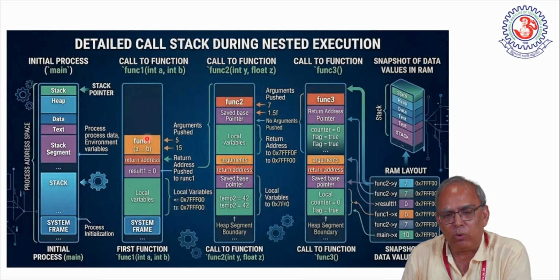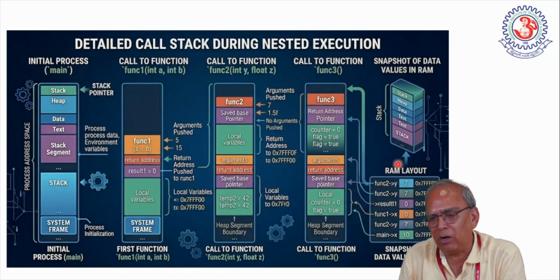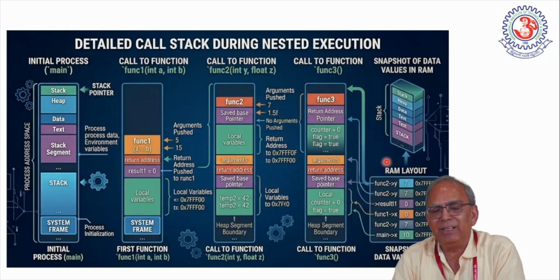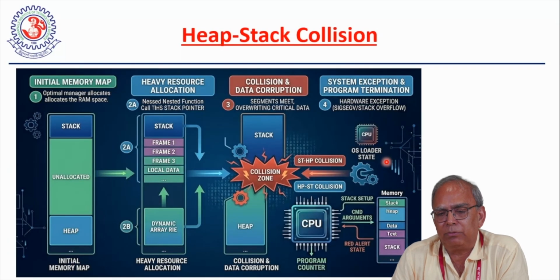You have pushed the arguments, you have the return address and all those things here. Now you have another function called function 2, then you have another function 3. That's how the RAM layout becomes. And then this is the heap here. That's how the stack grows, and it may cause a very serious situation of collision.